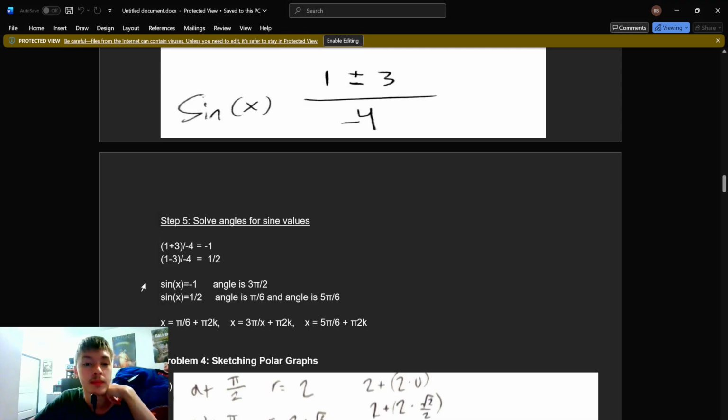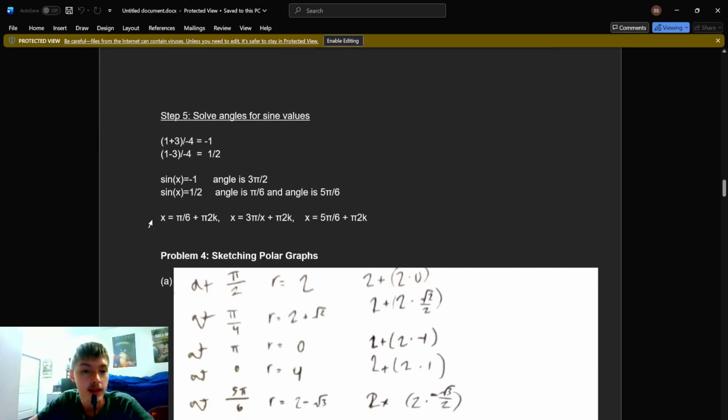Sine of something equals -1, which could only possibly be 3 pi over 2. The second one is sine angle equals 1/2, which could be either pi over 6 or 5 pi over 6. So the solutions are these.